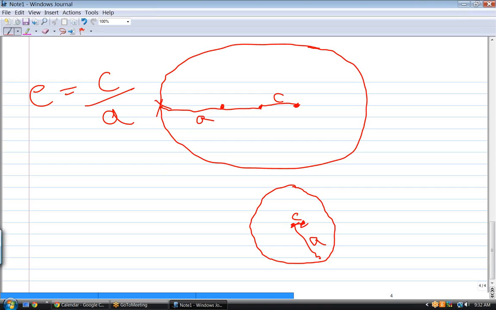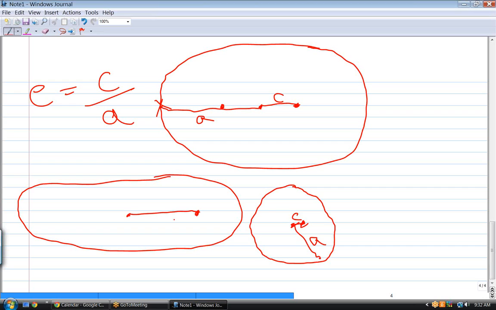So as ellipses become compressed closer and closer to circles, eccentricity goes to 0. Okay, and if I have an ellipse that's like this, well, now here's the center of the ellipse, but c is much further out here. And a is still that, but you can see that c divided by a would be closer to 1. In other words, the eccentricity for ellipses is always less than 1.